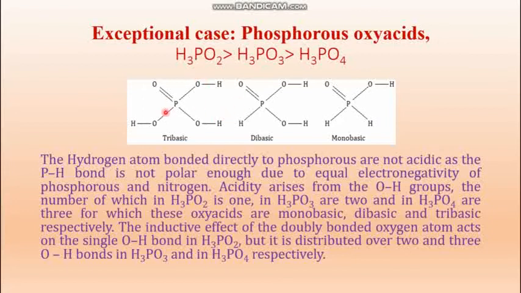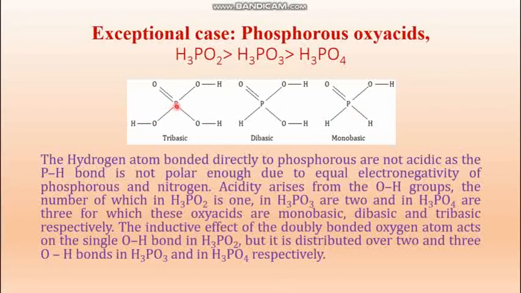Look at this picture. Actually, this phosphoric acid H3PO4 is tribasic. It has 3 OH sites, whereas phosphorous acid has 2 OH sites. On the other hand, conversely, the monobasic acid is this one. So having 3 OH, having 2 OH, and having 1 OH site.